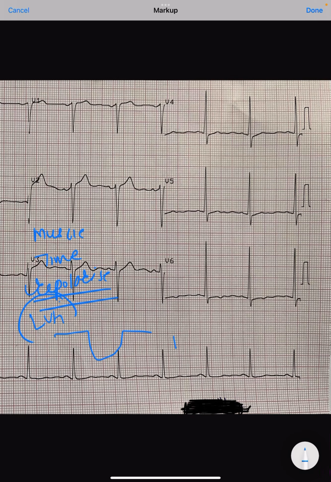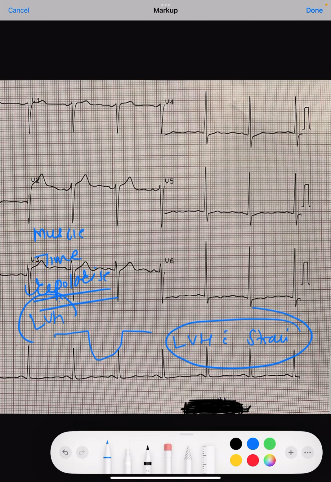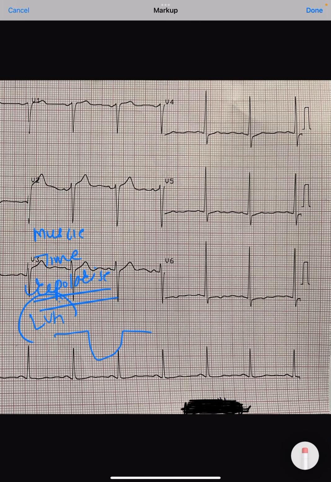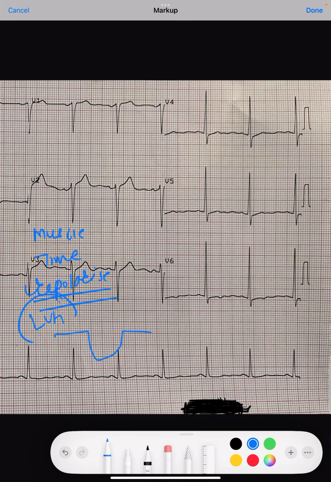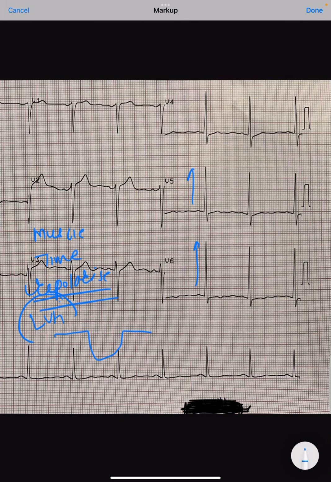What we typically refer to as LVH with strain. So there is strain on the left ventricle. That is the reason why the T wave is not positive. Repolarization abnormality is there. So we get a very tall R in V5 or V6 with the negative T wave.